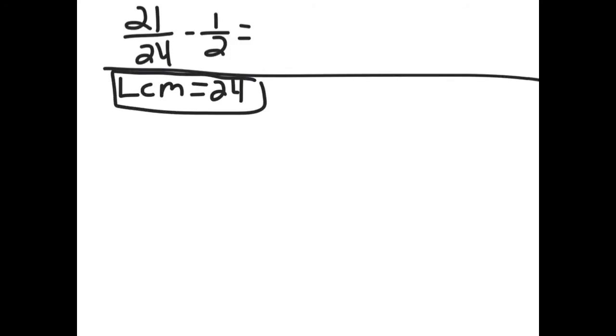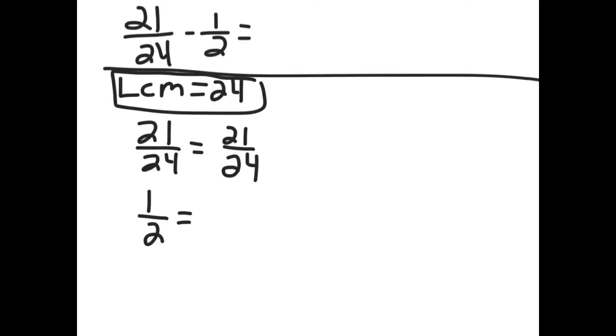So now we would do 21 over 24 equals 21 over 24, and 1/2 over 24. So 2 times 12 is 24, so 1 times 12 is 12.